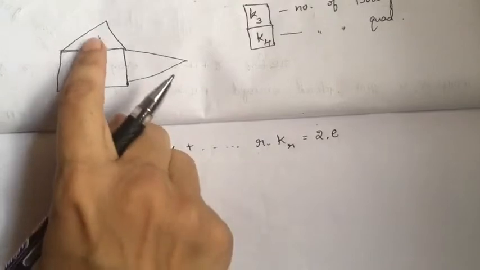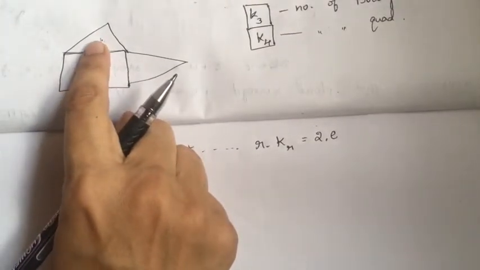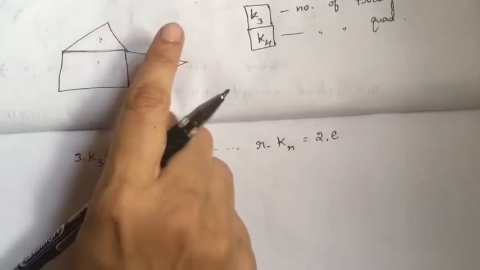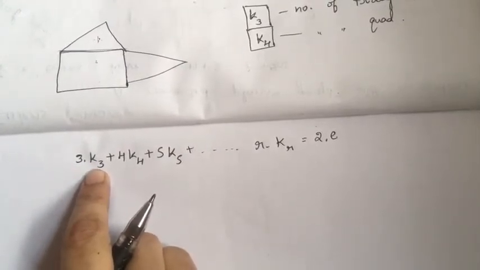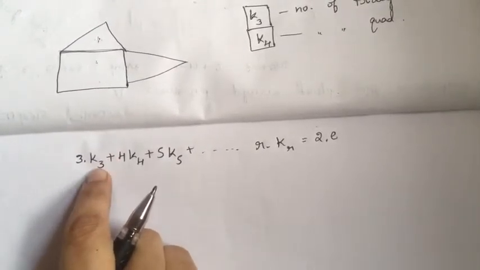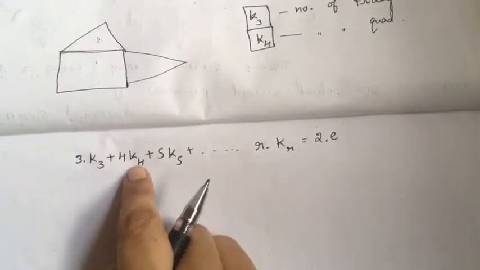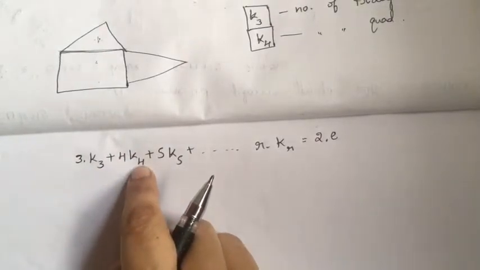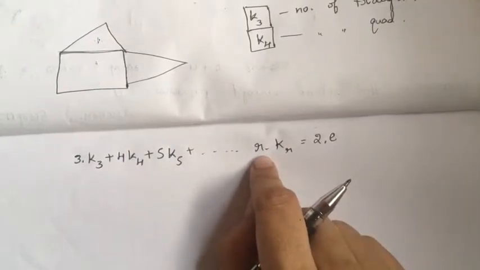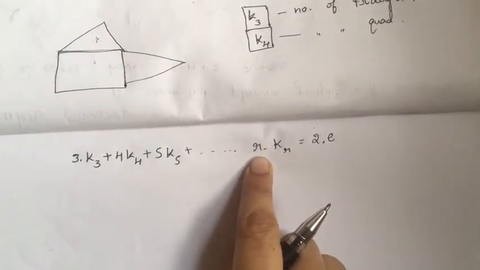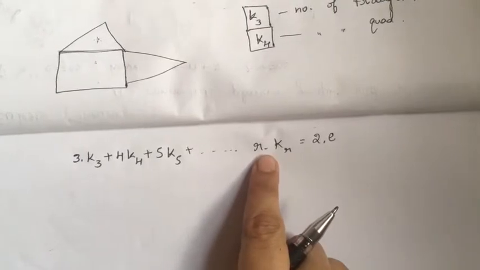Okay. So the first polygon I am getting is the minimum one, that is the 3-sided. K3 is the number of triangles, K4 is the number of quadrilaterals, like that. Let me take r as the number of edges of the largest polygon.